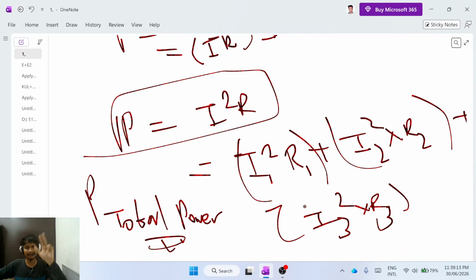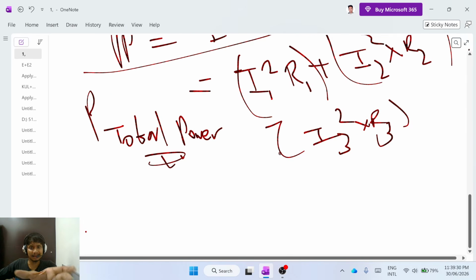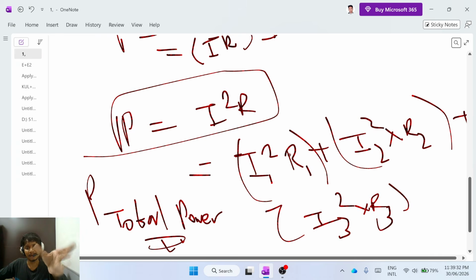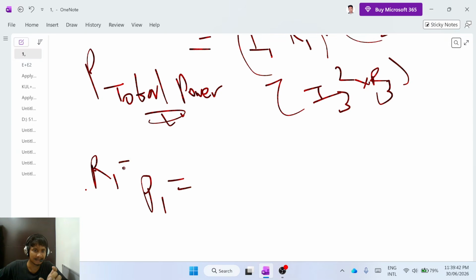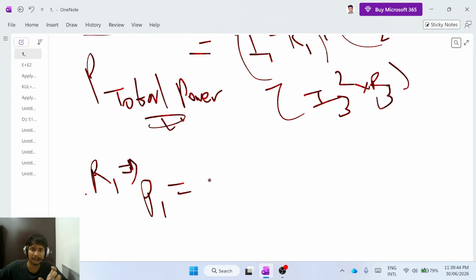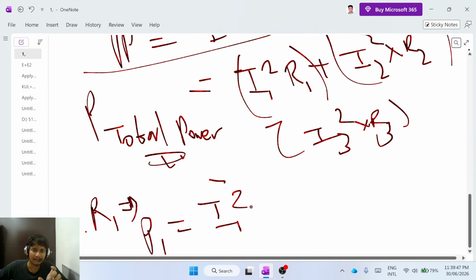There are three resistors. It's very simple, don't get confused. The power dissipation takes place only at the resistors. If you want, you can find the power dissipation separately for every resistor. For example, the power dissipation at R1 is P1 equal to I1 square R1.